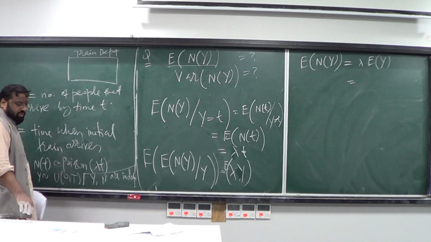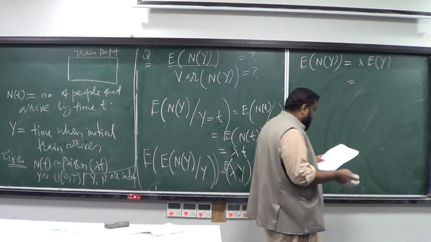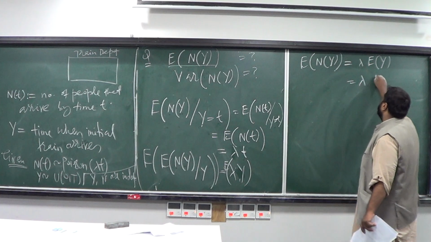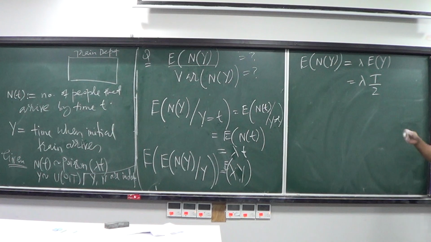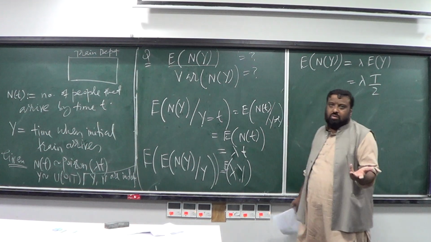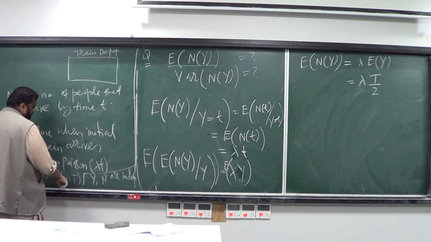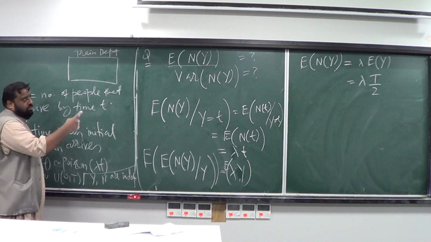That it's uniformly distributed over the interval 0 to t. So the expected value of Y is going to be t upon 2. Use the formula for the expectation of the uniform distribution: if uniformly distributed over a to b, then a plus b upon 2 is the average, so you have 0 plus t upon 2.